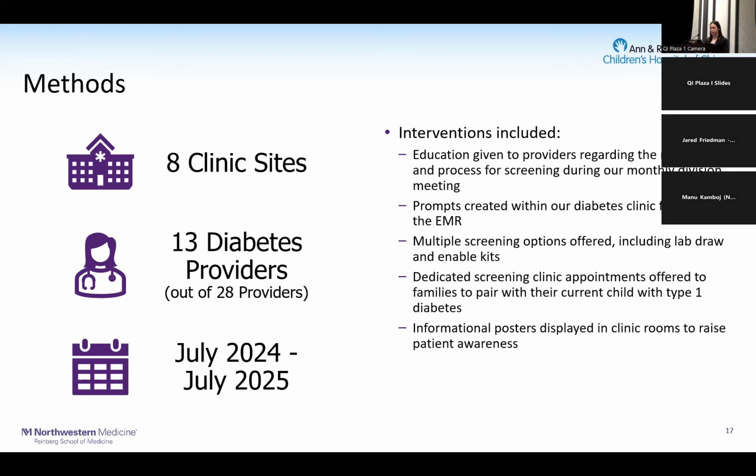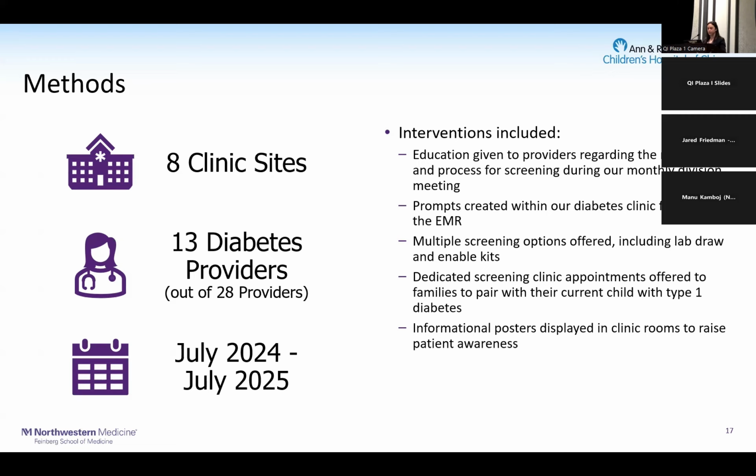The other intervention we did was we created prompts in our diabetes clinic flow sheet in the EMR to address at the visit, talking to the families about screening. We also offered multiple screening options, including lab draw and at-home kits.